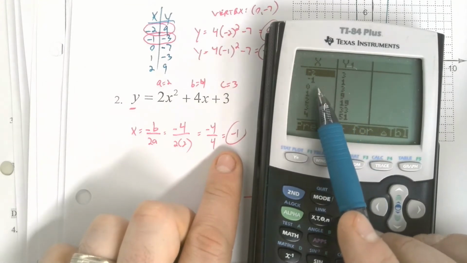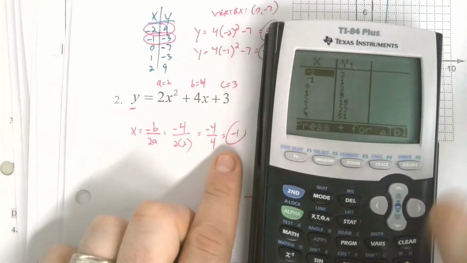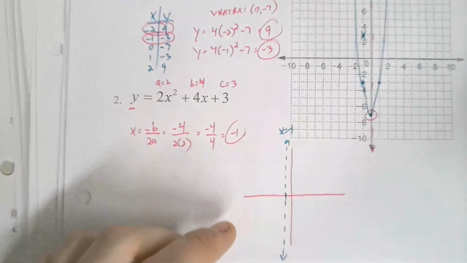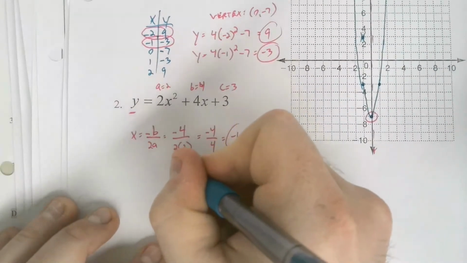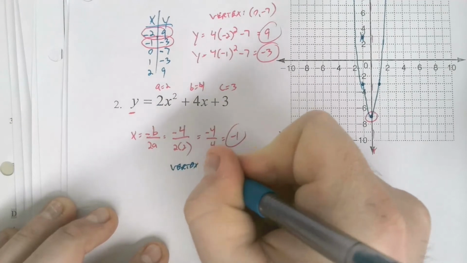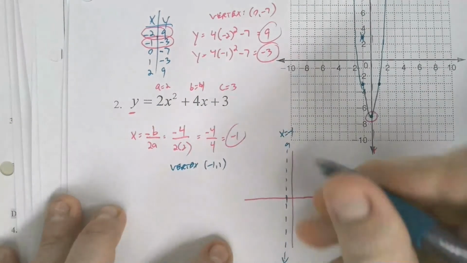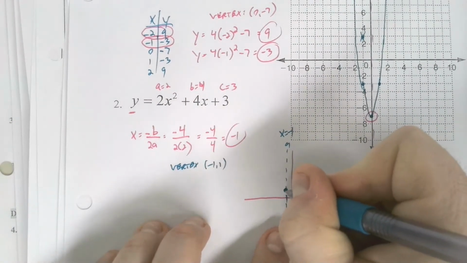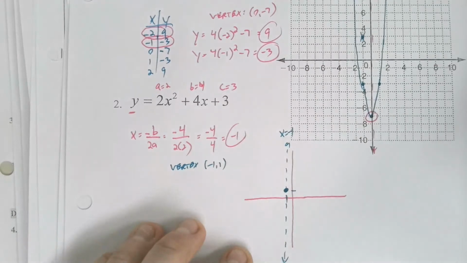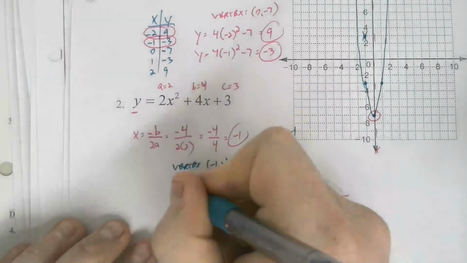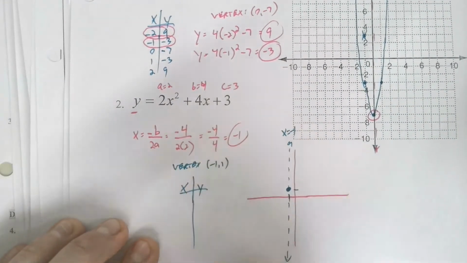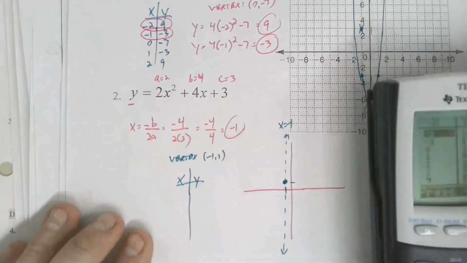So what's the vertex going to be? -1, 1. So you already know the vertex is at -1, up 1. So I go left 1 and up 1. There's my vertex.